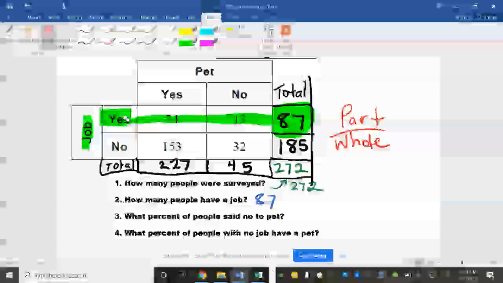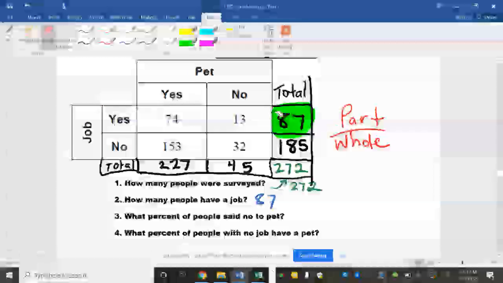So first of all, let's read this very carefully. Usually, at least in my experience, the first thing that comes up is the whole amount. So let me read this. What percent of people said no to pet? So of people, that is our whole amount.